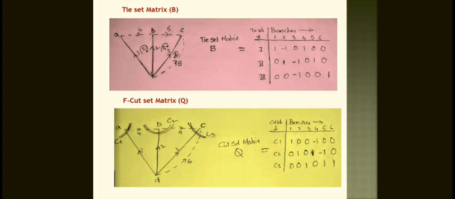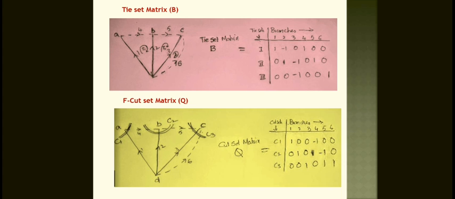If you come to the first, how is the branch current passing? You will observe the current passes like this in tie set 1, just like a loop. So T1 is there, like this is the forward direction, 2 is in the reverse direction. So 1, minus 1. 3 is also in the reverse direction.